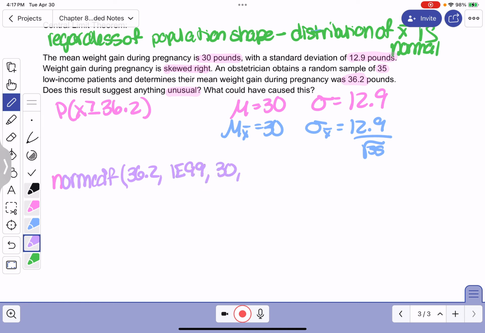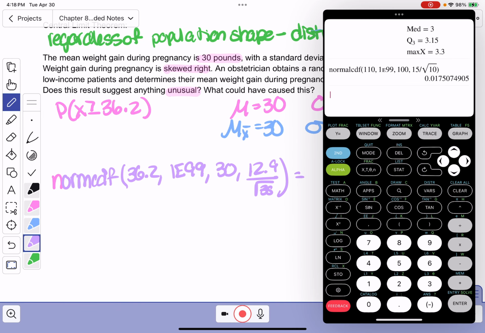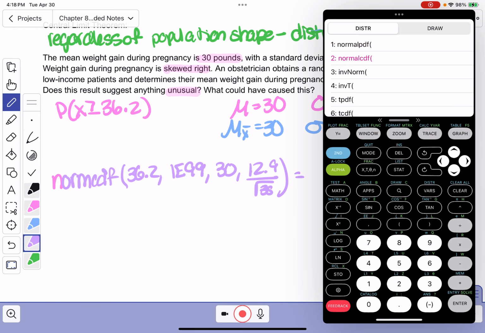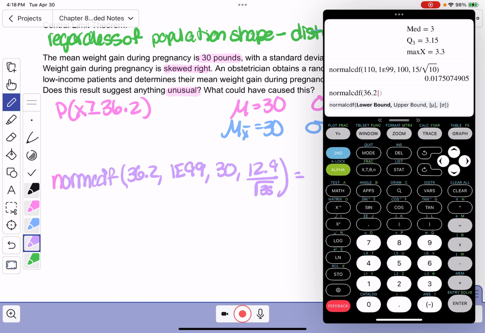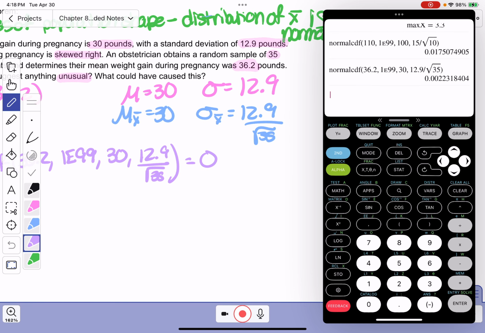Our mean is 30. And our standard deviation is 12.9 over root 35. Put that in a calculator. Norm CDF, divided by square root 35. And that gives us 0.002.